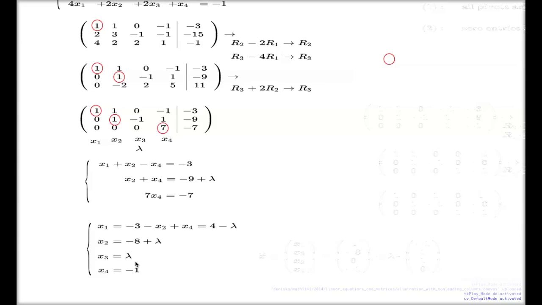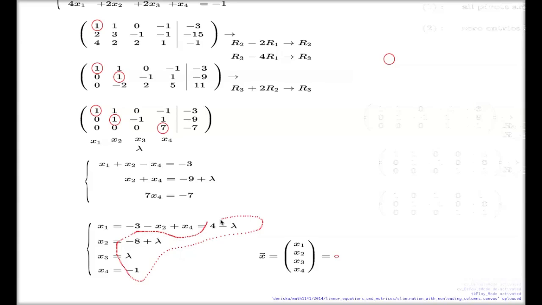Now, when you look at this solution, do you recognize anything familiar? If you treat your x1, x2, x3 and x4 as components of a four-dimensional vector, you can write this right-hand side in this form.